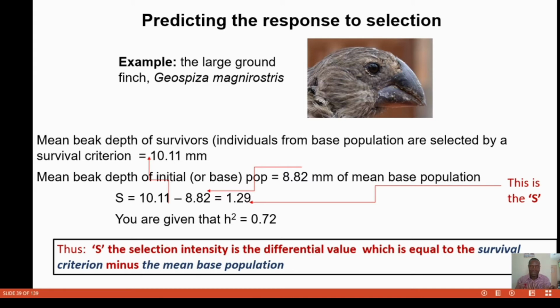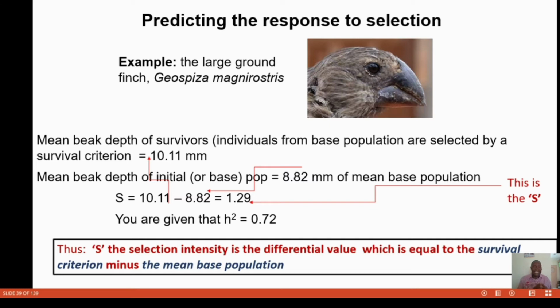S is the selection intensity. Distinguish between selection intensity and R, the selection response.